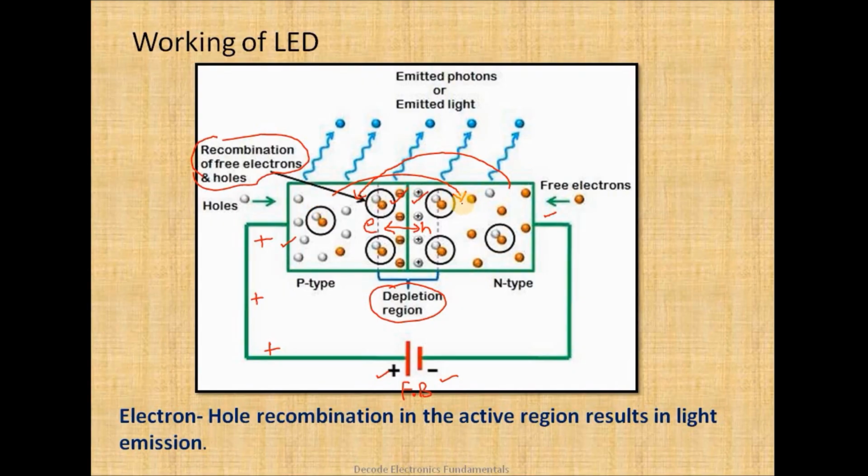There will be recombination. However, percentage wise, most of the electrons and holes get combined in the active region. So we can clearly say that the maximum intensity of the photons or the light emitted from a light emitting diode will be from the active region itself.